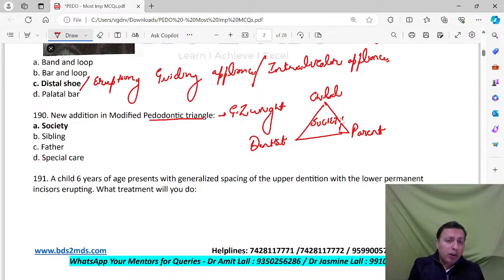Or if the age of the patient has exceeded 6 years, or we see that the first permanent molar is partially erupted, so you can go with a reverse band and loop. And if the first permanent molar is fully erupted, then you can go with a normal band and loop space maintainer. Or if the incisors have also erupted, then you can go with a lingual arch also.